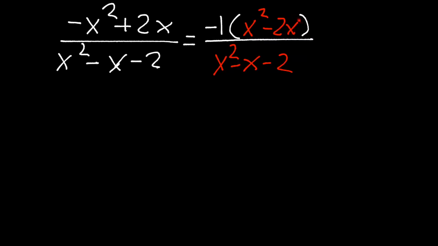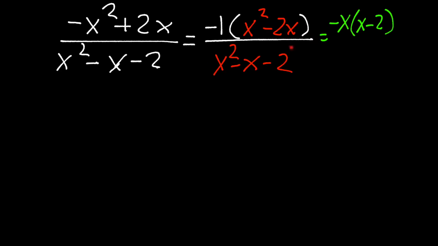This is x to the first, so it's 1 x. I can take 1 x out of both pieces. So if I take 1 x out, it's going to chill on the outside with the negative 1, and it's going to become a negative x times x minus 2. There is my factored top. I have factored out a negative x so far, and it's now become x minus 2.